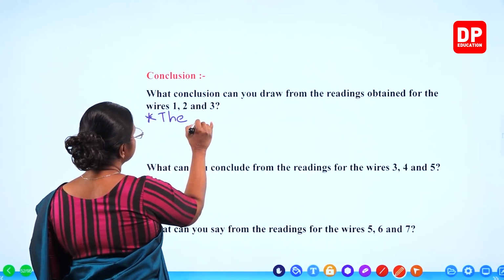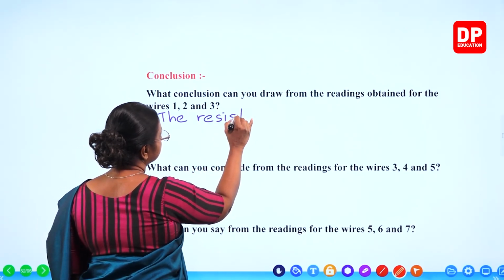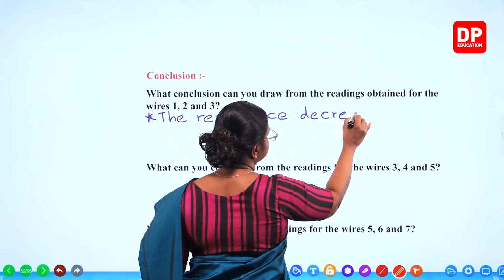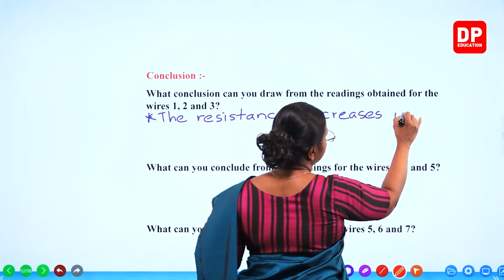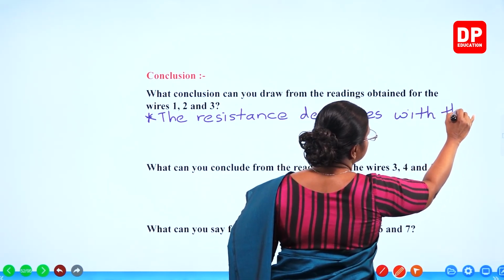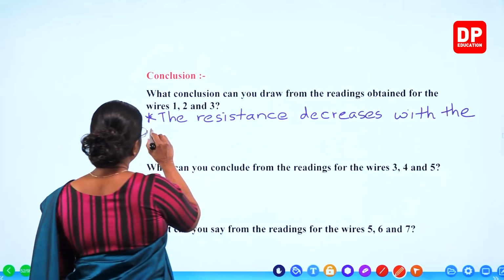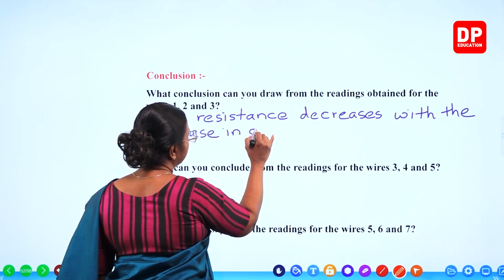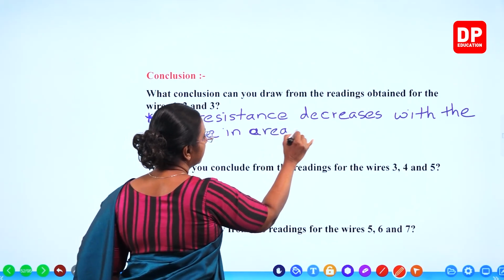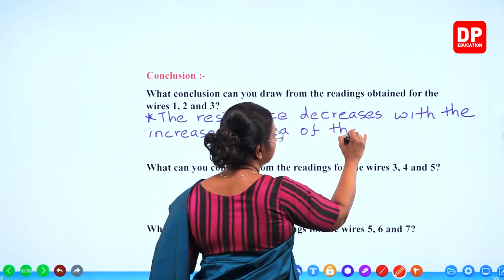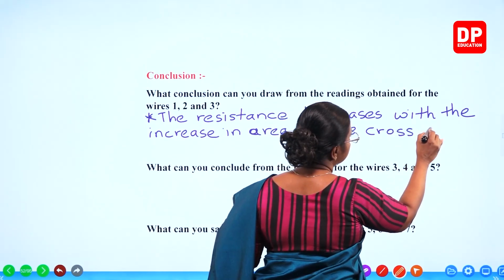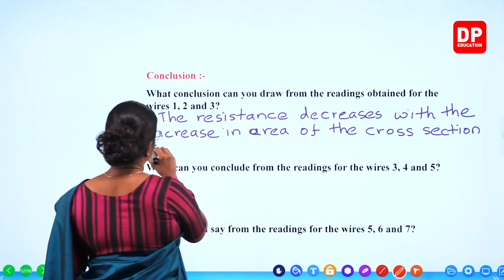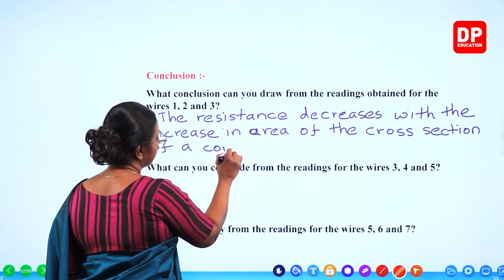So the conclusion for 1, 2 and 3: the resistance decreases with the increase in area of the cross-section of a conductor.